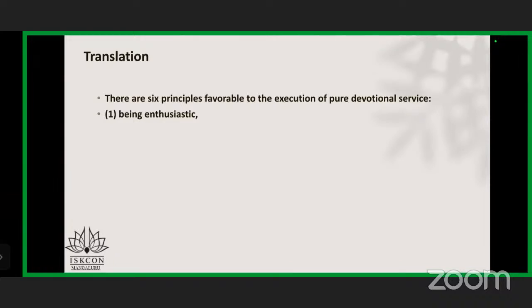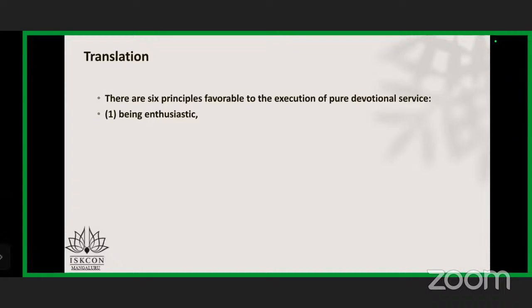Being enthusiastic here means that you should be enthusiastic in doing any devotional service towards the Lord. Devotional service is not just an imaginary or emotional thing. Most people say, when Chaitanya Mahaprabhu used to dance in ecstasy, people used to tell he's just a bauka, that means he's just an emotional person.